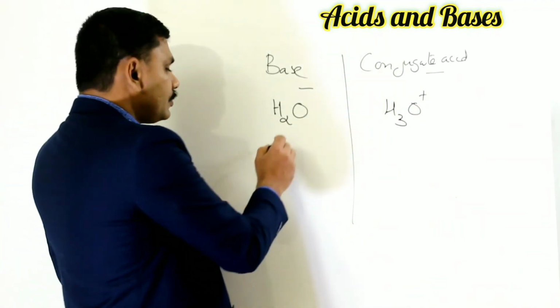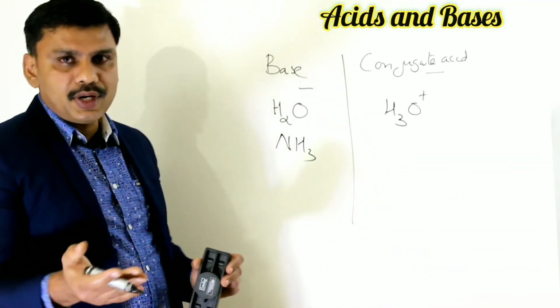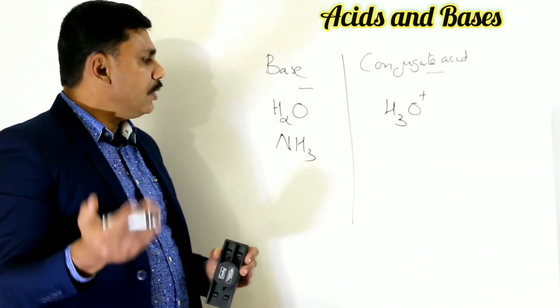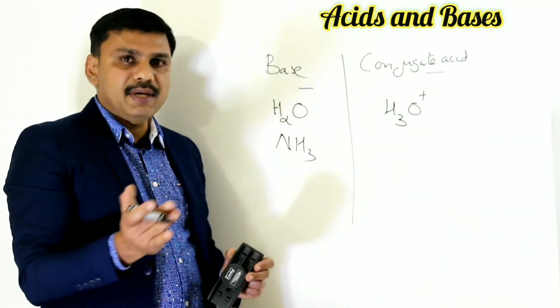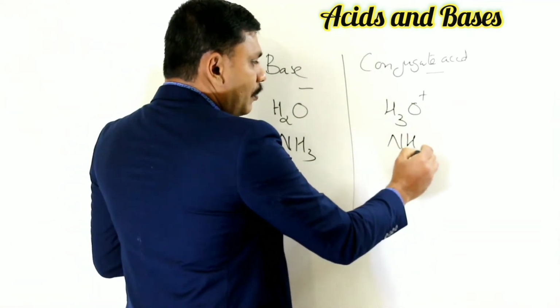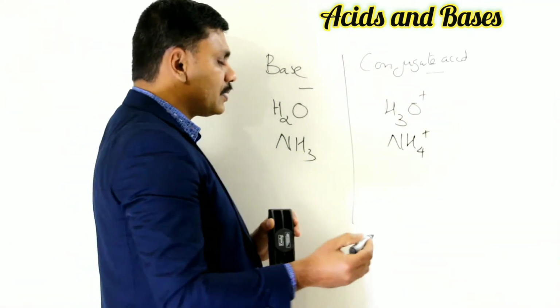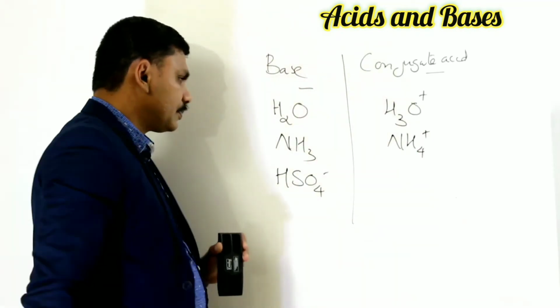Then NH3, it is a base. How will you get the corresponding conjugate acid? Add a proton, that means adding H plus. So you will get NH4 plus. Then HSO4 minus.